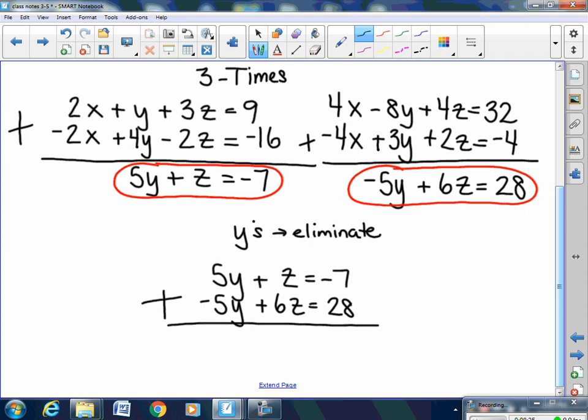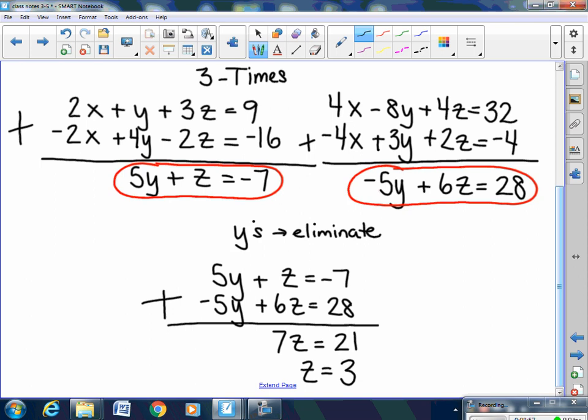I just put the two red ones that we did by eliminating the x's on top of each other, and as you can see, the y's cancel out. You have 6z plus 1z gives me 7z equals 28, divide by 7 is... so z in this problem equals 3.